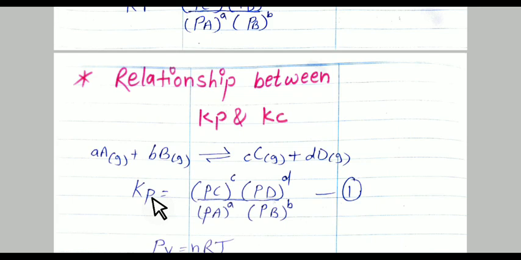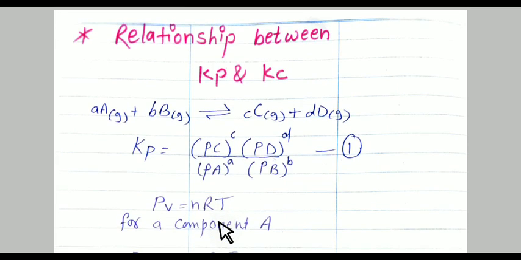The formula is Kp equals PC raised to C, PD raised to D upon PA raised to A, PB raised to B. Put this as equation number 1. The partial pressure of each component in a mixture of ideal gases is directly proportional to its concentration. All of you know the ideal gas equation: PV is equal to nRT.